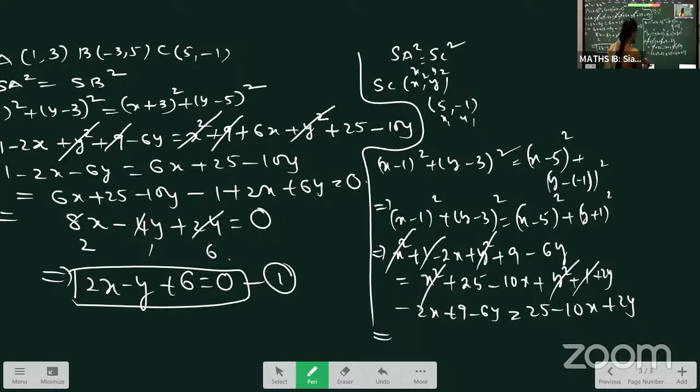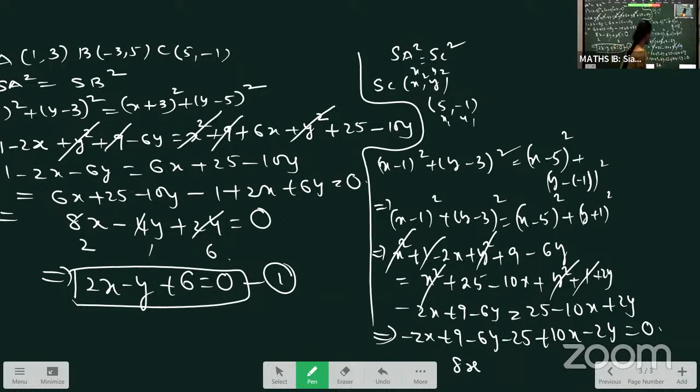Then bring all the terms to this side. So minus 2x plus 9 minus 6y minus 25 plus 10x minus 2y is equal to 0. Now minus 2x plus 10x, this is 8x, and minus 6y minus 2y is minus 8y. Next 9 minus 25 is minus 16, equal to 0.